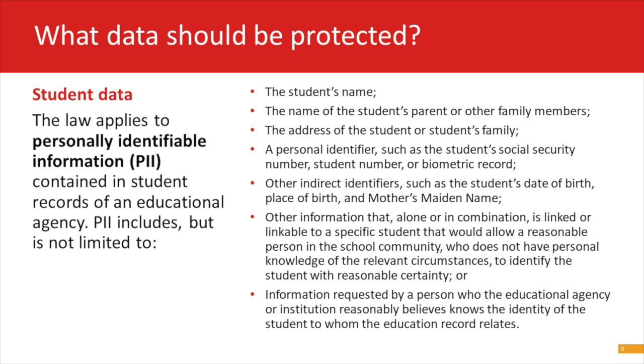And what else do we have here? Information requested by a person who the educational agency or institution reasonably believes knows the identity of the student to whom the education record relates. That's a lot, right? The bottom line is you know what your PII is: your names, your parents' names, your addresses.